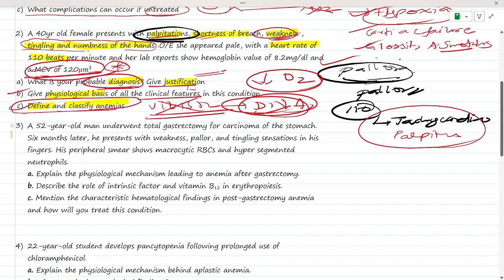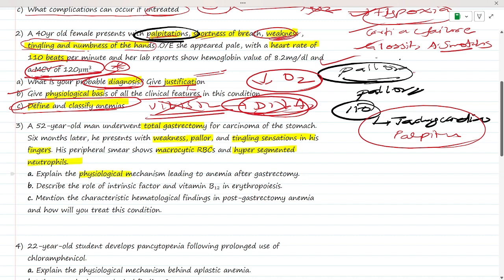Okay, third question. A 52-year-old man underwent total gastrectomy for carcinoma of stomach. 6 months later, he presented with weakness, pallor, tingling sensation in his fingers. His peripheral smear shows macrocytic RBCs and hypersegmented neutrophils.